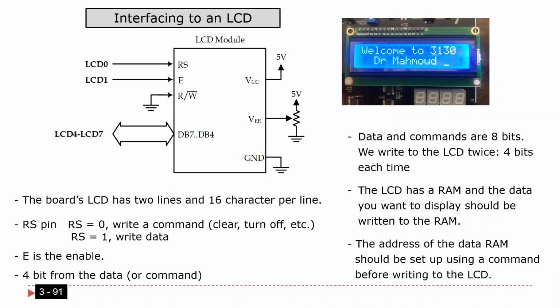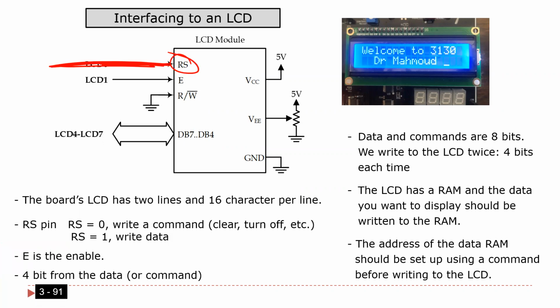When I teach any device, number 1, I have to tell you how it is connected. Number 2, how you can use it. That always has to be this way. So how is this one connected, how many pins do we need? Number 1, I need 1 pin for something called RS.